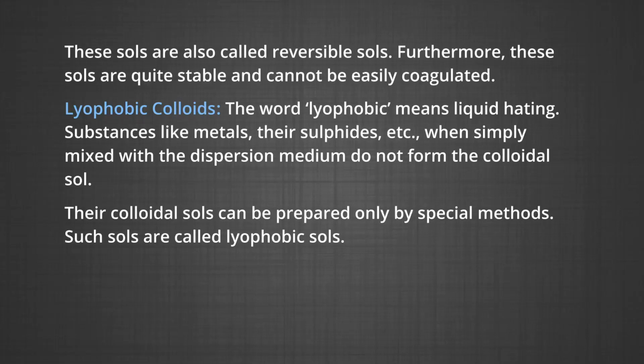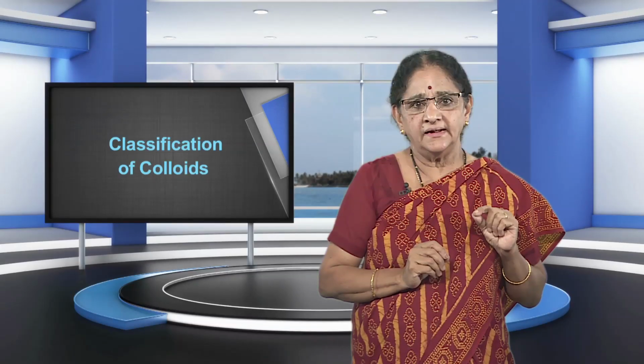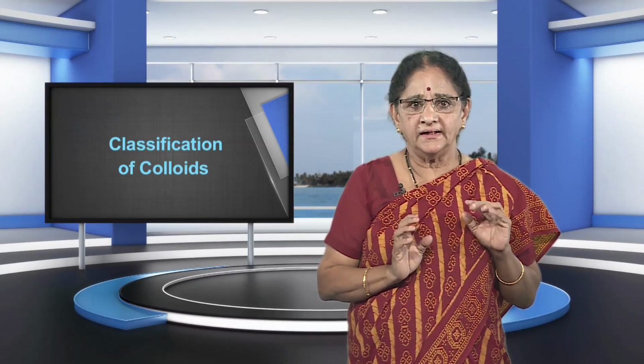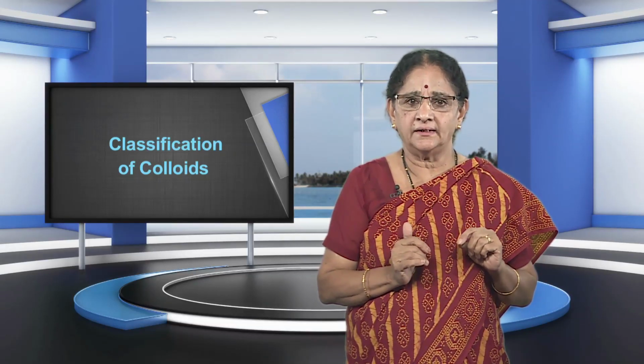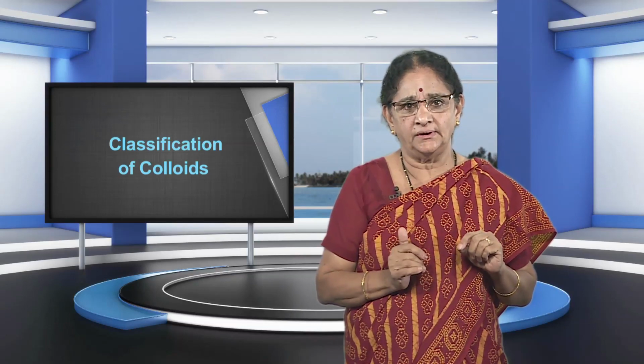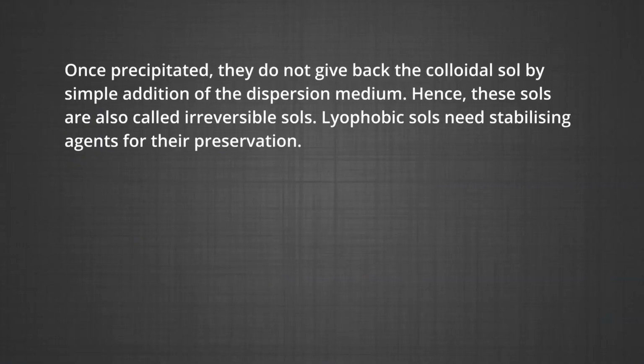Such sols are called lyophobic sols. These sols are readily precipitated or coagulated on the addition of small amounts of electrolytes or by heating or by shaking, and hence they are not stable. Further, once precipitated, they do not give back the colloidal sol by simple addition of the dispersion medium. Hence, these sols are also called irreversible sols. Lyophobic sols need stabilizing agents for their preservation.